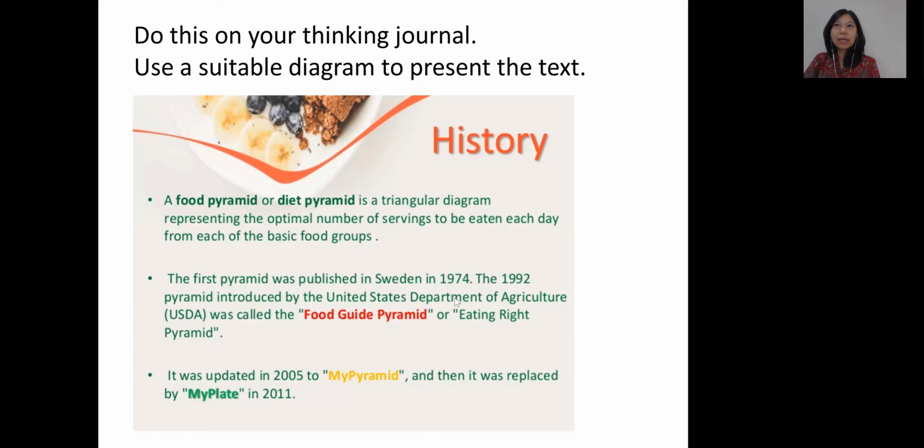The whole text is talking about a history. It's not talking about the pyramid itself. What should be inside the pyramid? We don't know what should be inside the pyramid. So the right diagram for this is to show the history of the pyramid by looking at the year. The year and the name of the pyramid will be the important keywords.